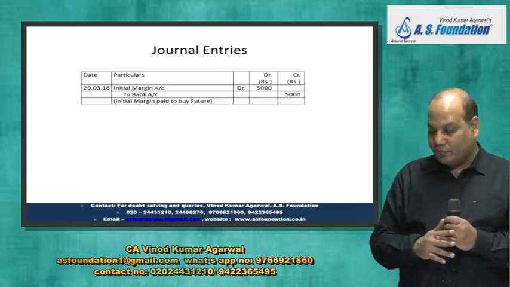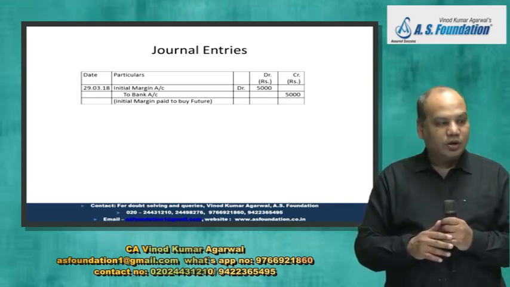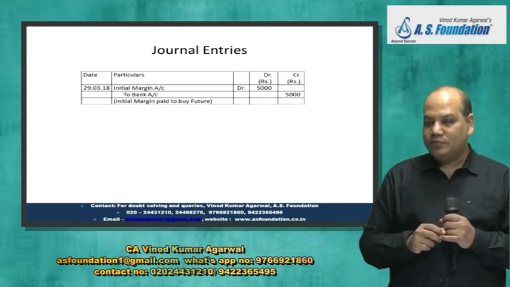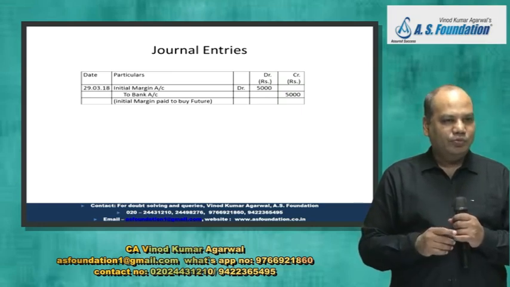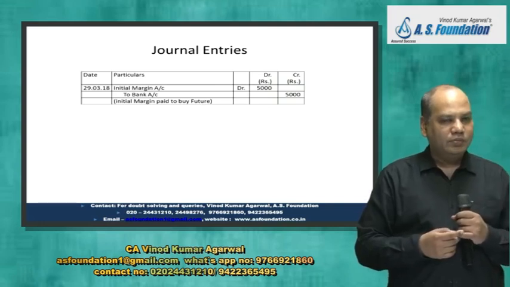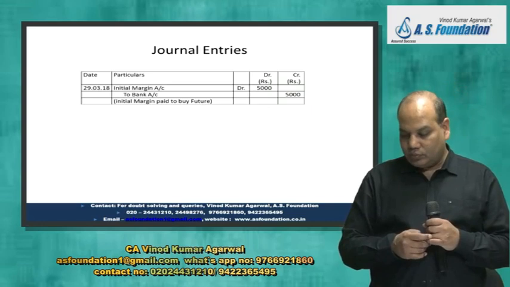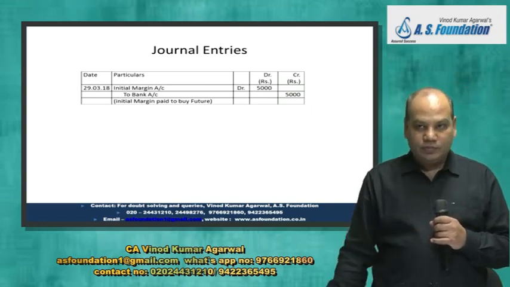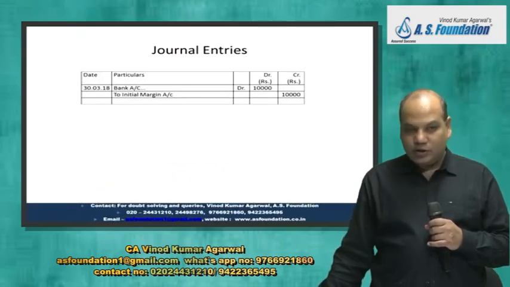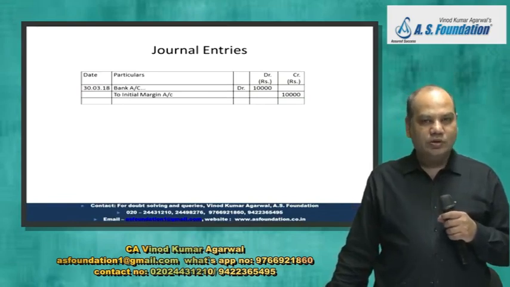So 29th March, now the exchange says you have to keep an initial margin of 35,000. So then this future participant will have to bring additional 5,000. Initial margin to bank 5,000, being additional initial margin money paid.